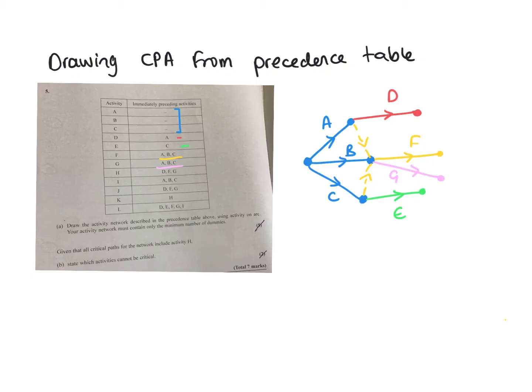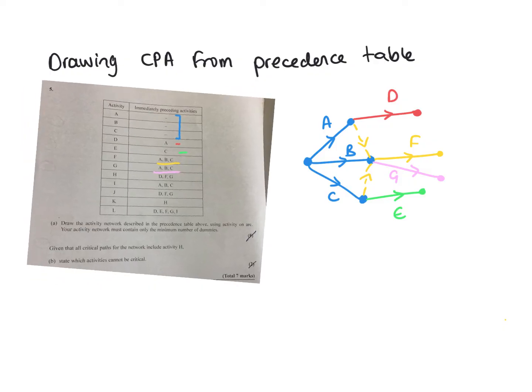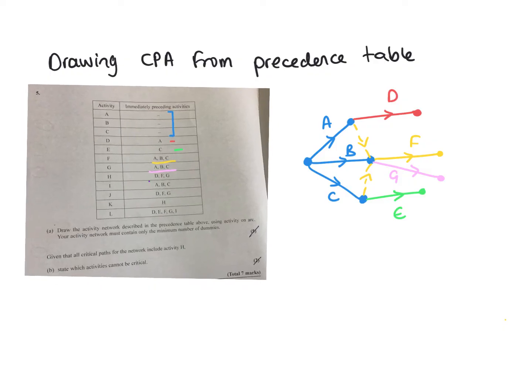Next we have H. So let's get another colour. H is dependent on D, F, and G. So I've got D, F, G here, and H is dependent on those 3. So remember, if something's dependent on 3, what did I say might be best to do?